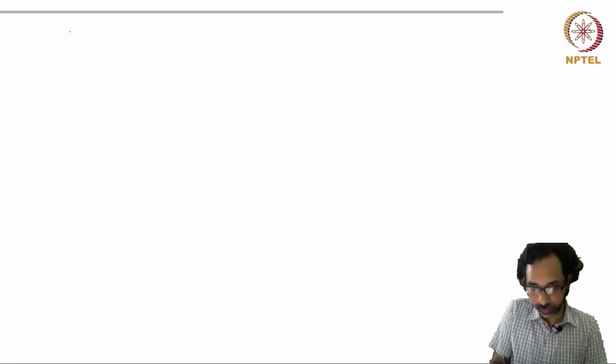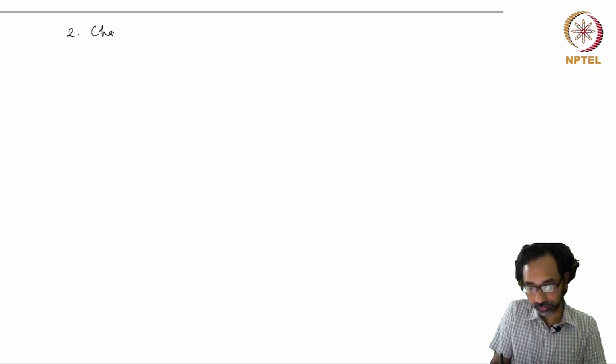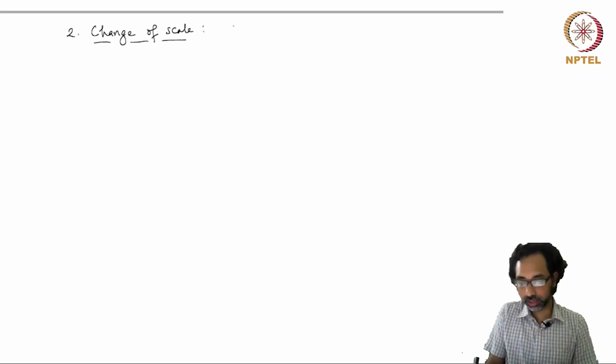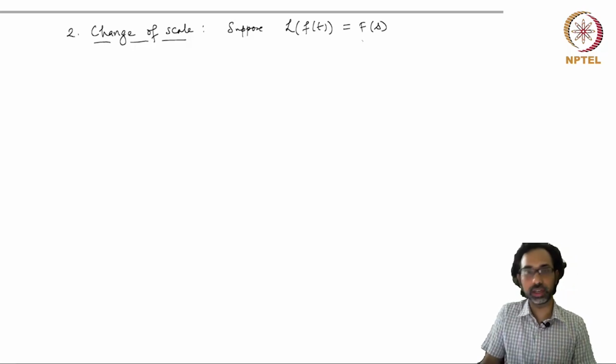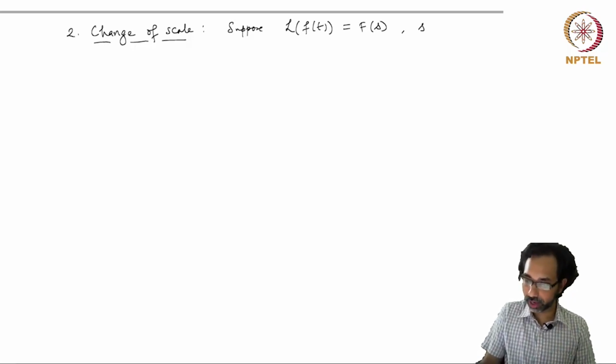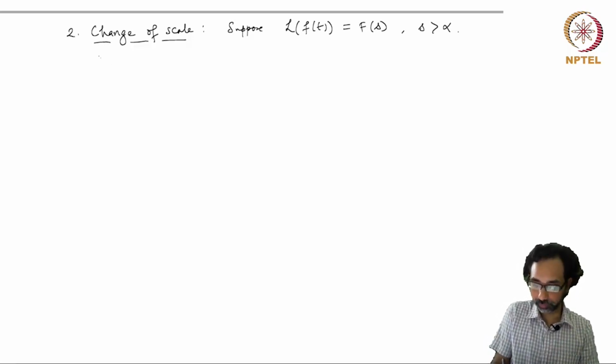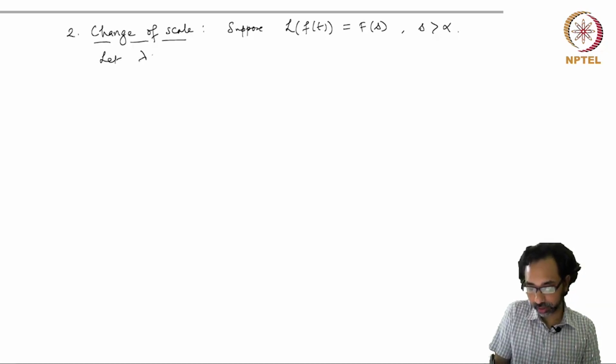Now let's look at the second property, which is change of scale. This says that suppose that the Laplace transform of a function f t is given by some function capital F s for s greater than alpha, and now suppose that lambda is a positive constant.